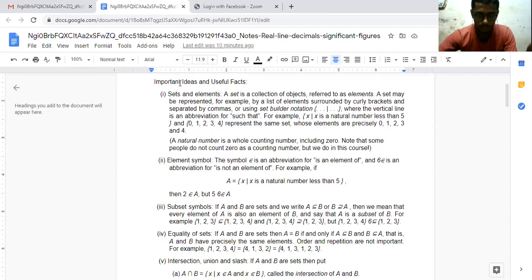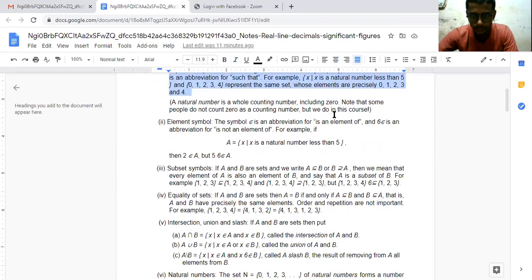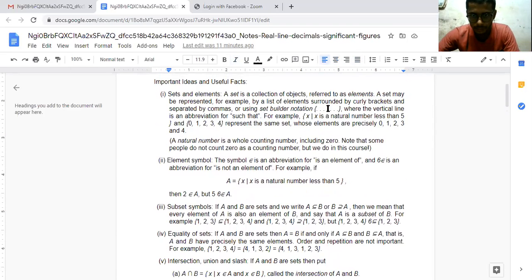You have a notation like this, the curly brackets. So an element is present in the set, and a set contains elements. An element could be anything, for example a name, a number, a whole number, natural number, real number, or integer. It could be anything.